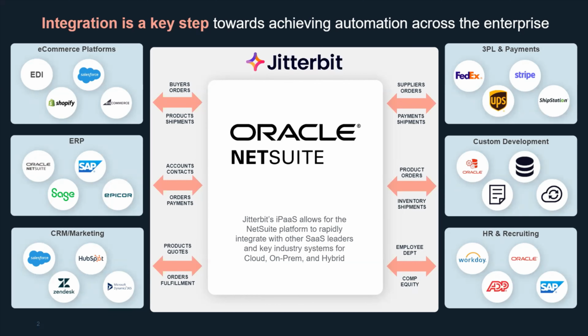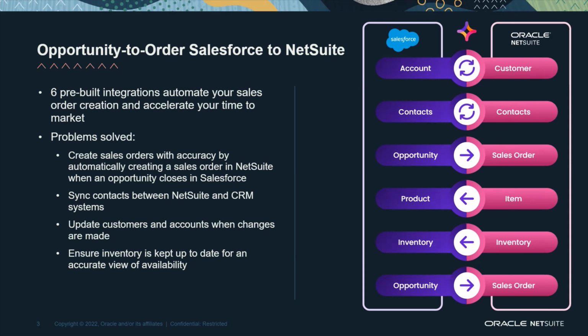I'm going to go over a couple use cases here. This is the opportunity to order Salesforce to NetSuite use case. Now we have 6 pre-built integrations between Salesforce and NetSuite. And what these integrations do is they automate sales, order creation, and other valuable data from Salesforce to NetSuite and vice versa seamlessly.